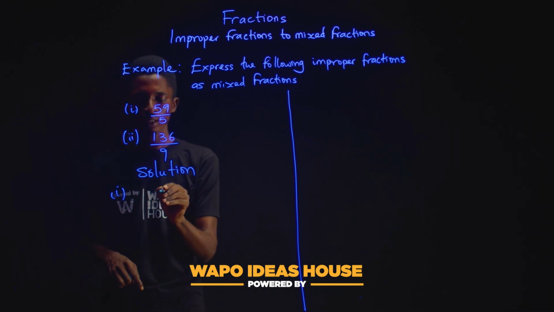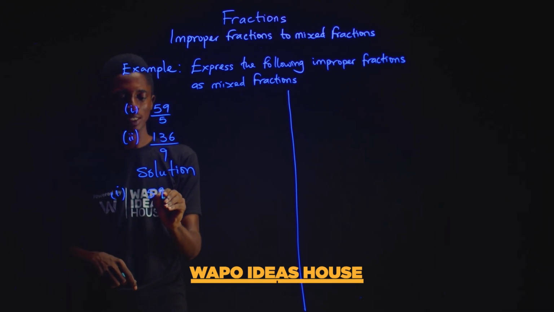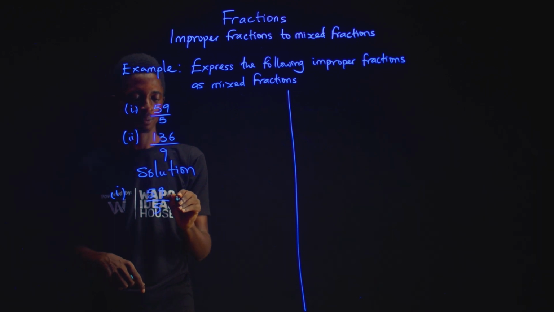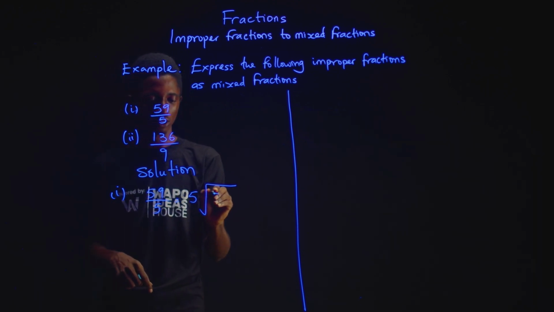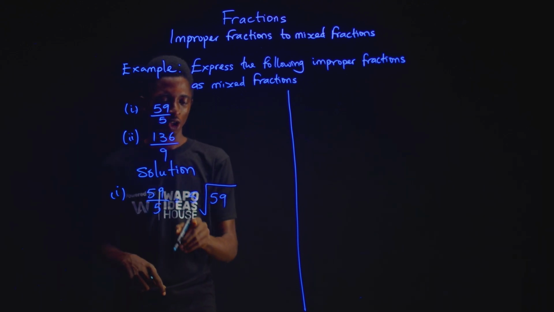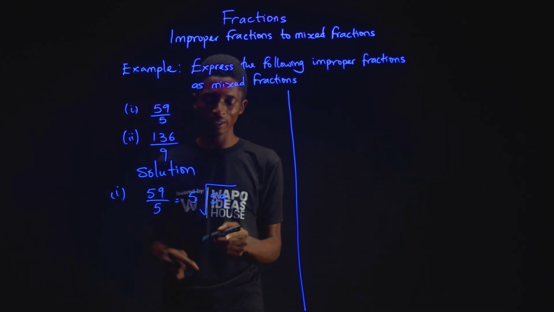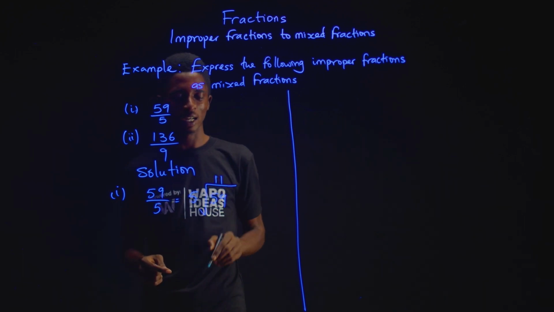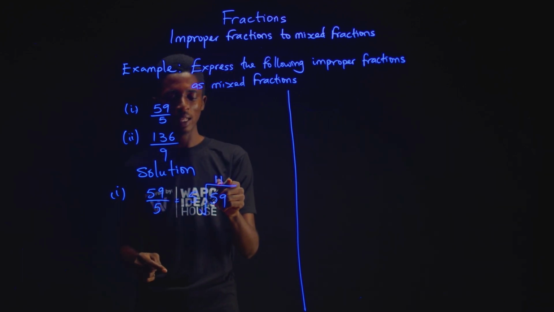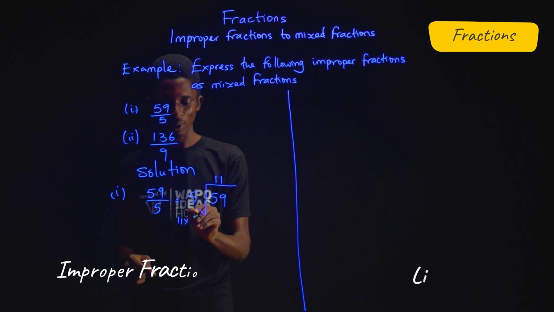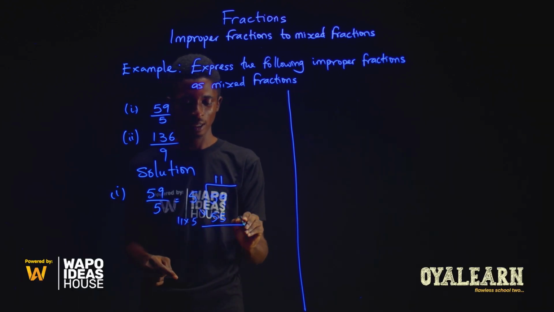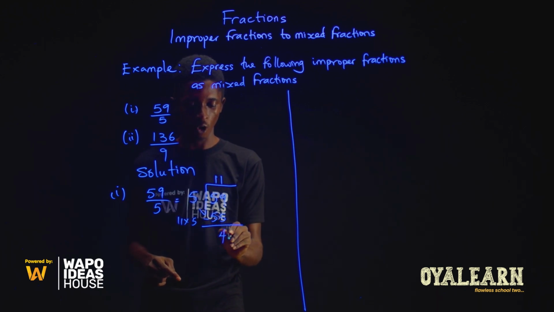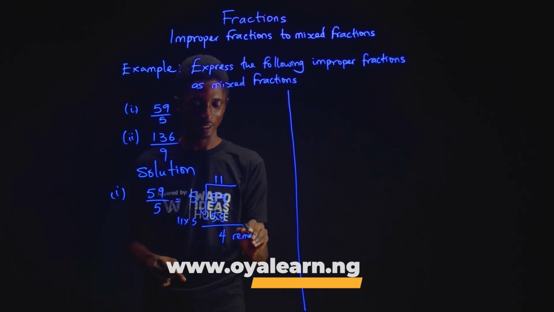For question 1, we are working with 59 divided by 5. Now applying the long division method, 5 into 59. You will see that 5 will go in 59 11 times, right? Now 11 multiplied by 5 would give us 55, which when we subtract from 59 we will get 4 as our remainder.